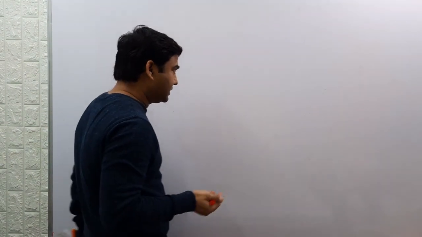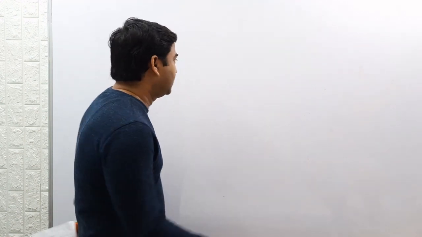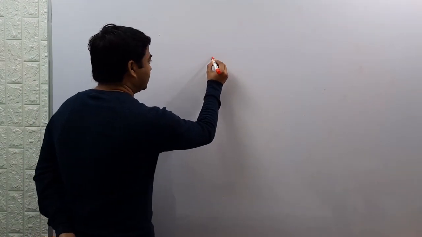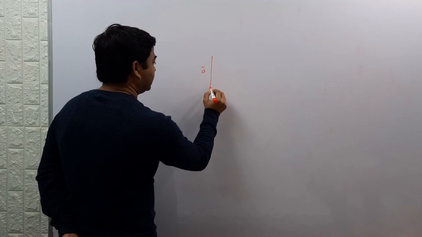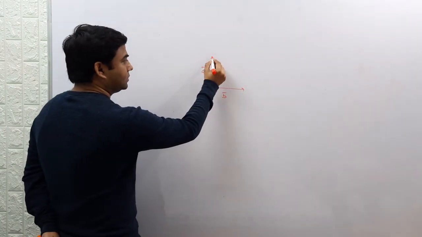Next thing, subtraction of vectors. As we have discussed, the addition of vectors is commutative, associative, and distributive. But this is not true for subtraction of vectors. You can see vector A, vector B. We have joined the tails of these two vectors.